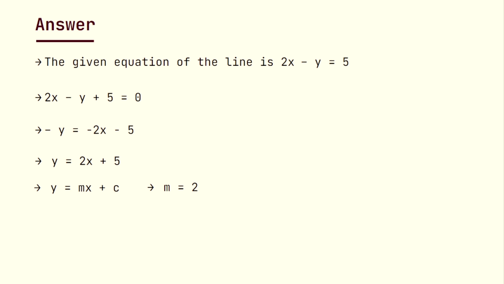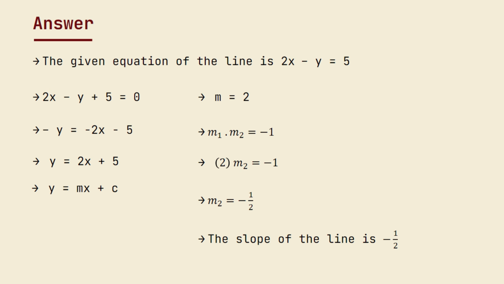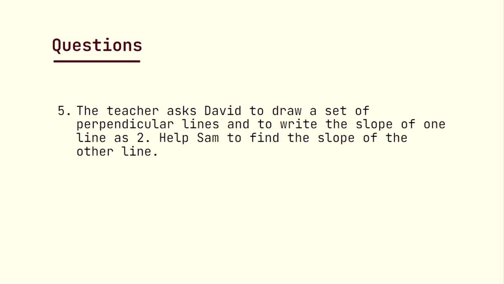We can find the other gradient from this gradient. Use this formula: m1 times m2 equals -1. 2 times m2 equals -1, so m2 is -1/2. So the gradient is -1/2.